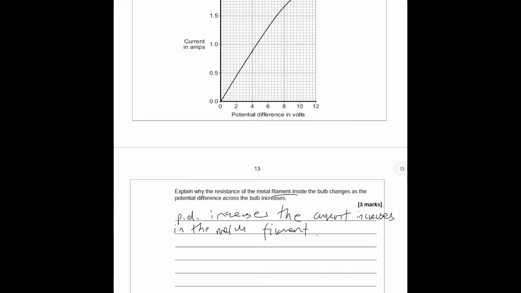Next one. This will indirectly increase the number of chances of collisions, right?